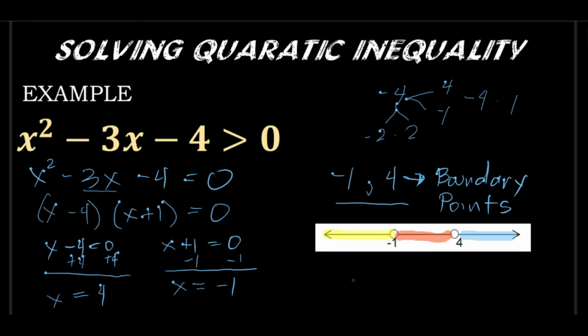Ngayon, pwede tayong magkaroon ng solution, o pwede tayong gumamit ng test point dito. Okay, from -1 to left side, pwede tayong kumuha at gawin natin test point. Ngayon, ang gawin natin test point ay dito, sa region na yan, ang gamitin natin is -2. Dito naman, sa gitna, gamit tayo ng 2.